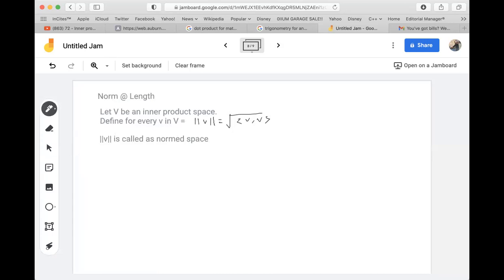So now let's say we try to apply the third axiom first.